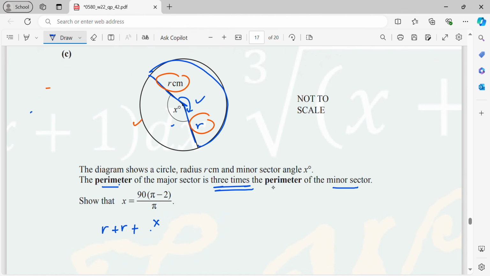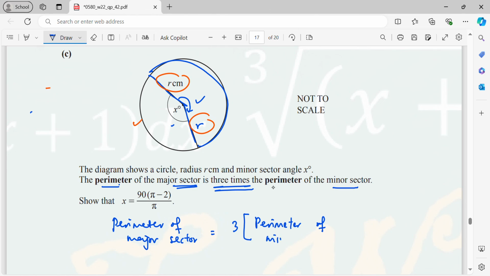Okay, I will say perimeter of major sector, probably I write down first. Perimeter of major sector is 3 times perimeter of minor sector. So the perimeter of major sector means R with this.